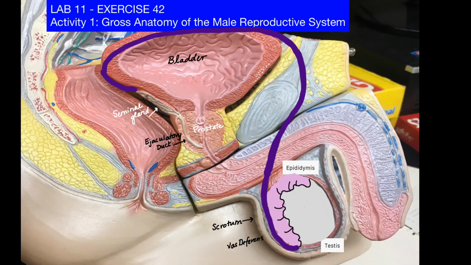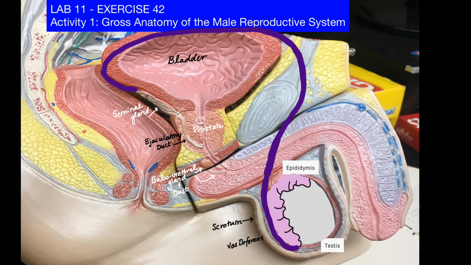Notice now that in our prostate, we not only have our ejaculatory duct, but we also have the urethra coming down from the bladder. In males, the urethra is involved in two different organ systems: the urinary system and the reproductive system. This is because the same tube passes urine and sperm and semen.